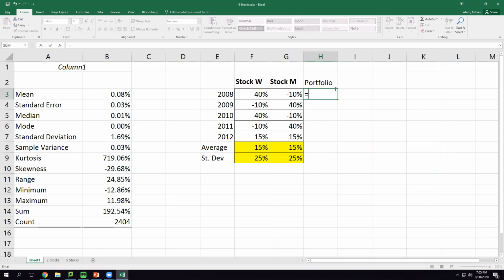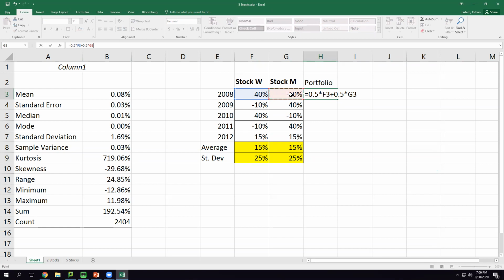Okay, so I'm going to form an equal weighted portfolio, which means that I'm going to multiply the first stock by 0.5 and the second stock by 0.5. So 0.5 times the first stock and 0.5 times the second stock.